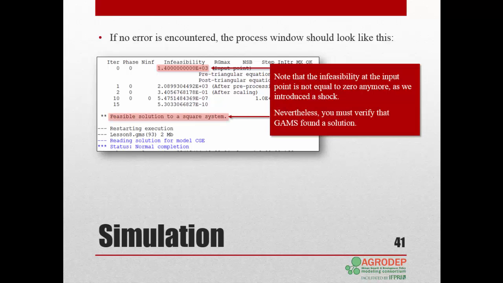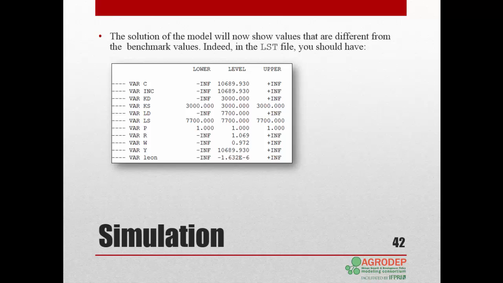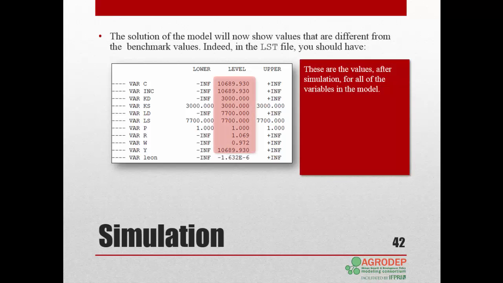Nevertheless, you can verify that GAMS found a solution. After the shock, the solution values for the model are different from the benchmark values. This is what you will see in the list file. These are the new values for the variables in the model following the simulation.